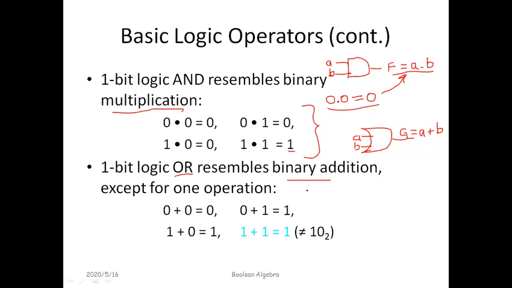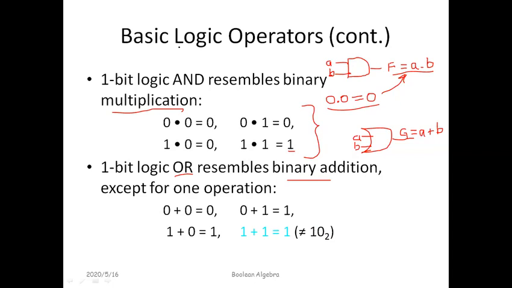So now let's look at its resemblance with binary addition. When you add 0 and 0, definitely you get a 0. You add 0 and 1, you get a 1. You add 1 and 0, you get a 1. But when you add 1 and 1 in the binary system, you don't get a 1. Instead, we get a 1, 0.